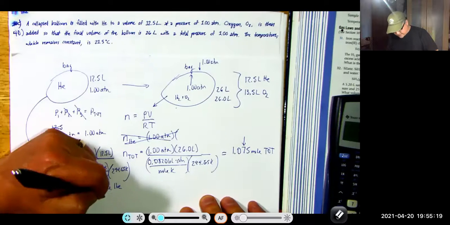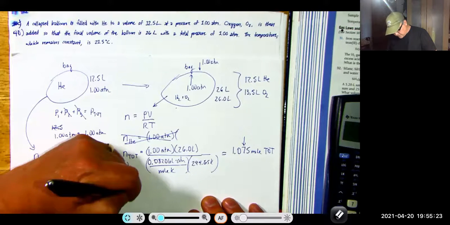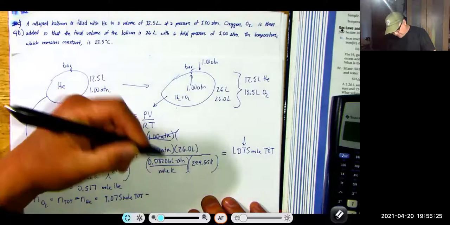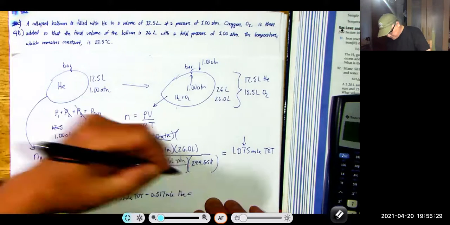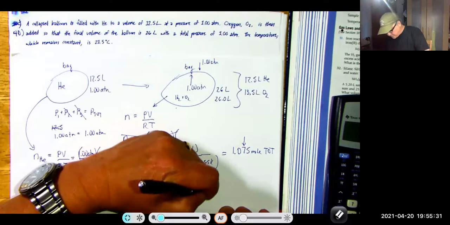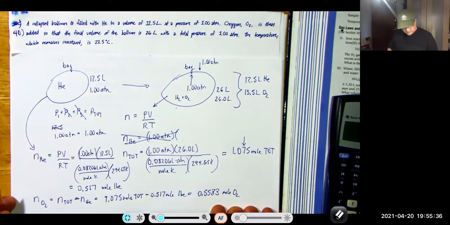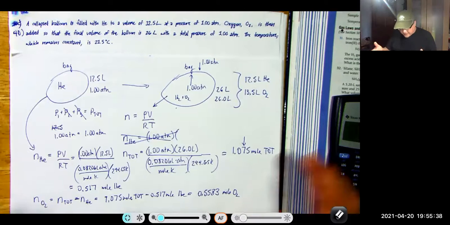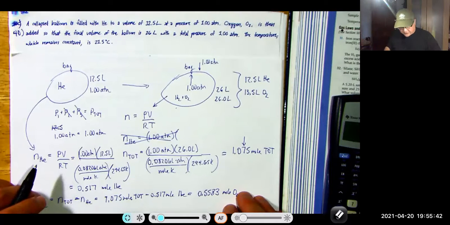So here we're going to get 1.075 moles total minus 0.517 moles of helium, and I get 0.5583 moles of O2. Okay, now let's look at rounding things off soon.